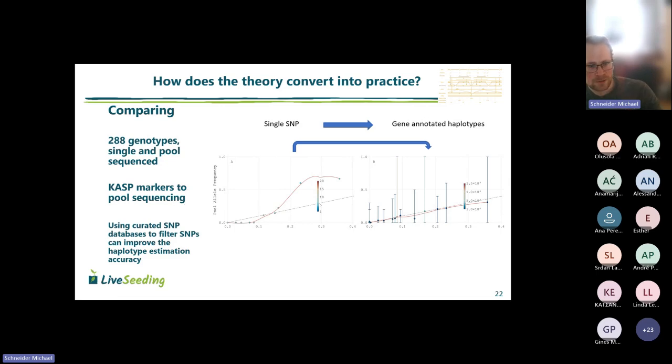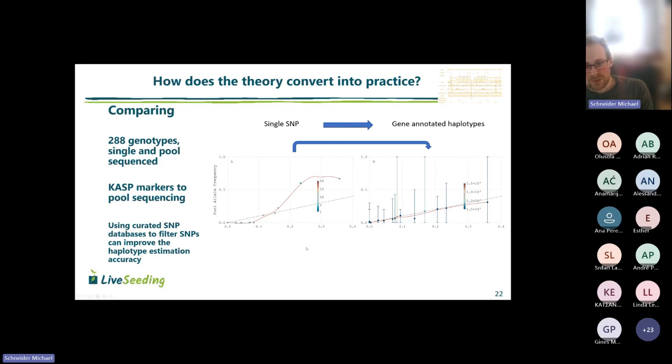These were genotyped on different SNPs, once in a pool and once individually, and then we compared the allele frequency of the pool to the individual one. This dashed line would be the ideal fit, so this would be the correct result, and we see quite some difference. As we have heard before, the variance is extraordinarily high.